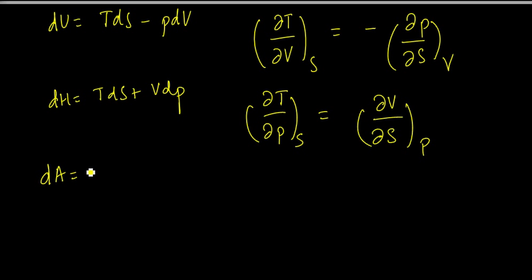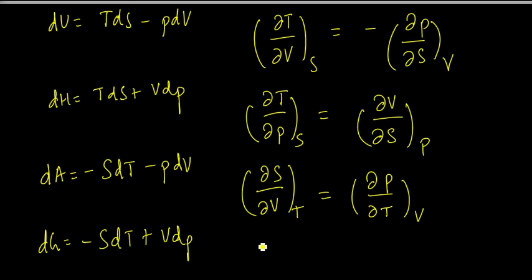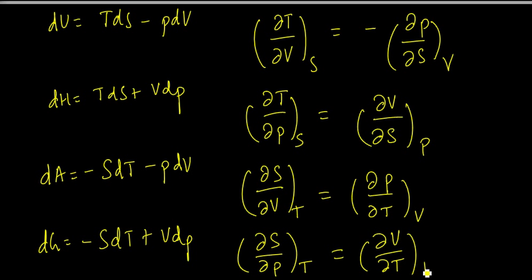dA is equal to minus S dT minus P dV, and this gives me del S by del V at constant T is equal to del P by del T at constant V. And the last one here, dG is equal to minus S dT plus V dP, gives me del S by del P at constant temperature is equal to minus the change in volume with change in temperature at constant pressure.